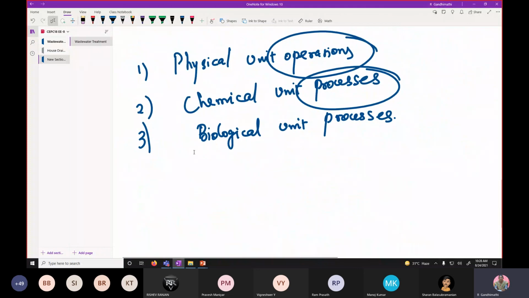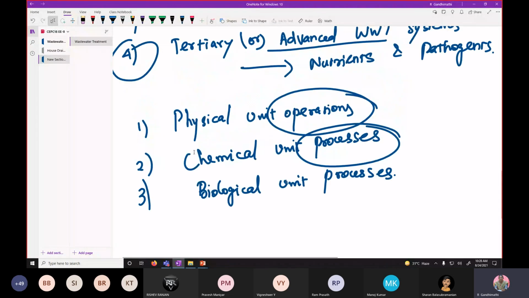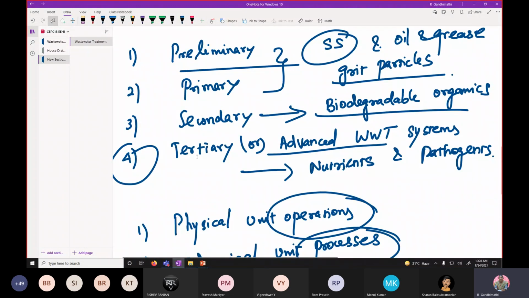Therefore, you have to provide biological unit processes for secondary treatment. Similarly, advanced wastewater treatment is mainly related to the removal of nutrients or pathogens. Either you can go with biological systems or physical-chemical systems for the removal of nutrients.